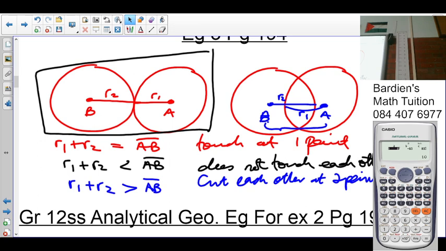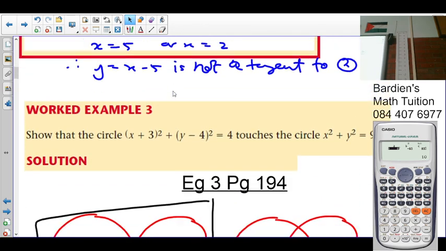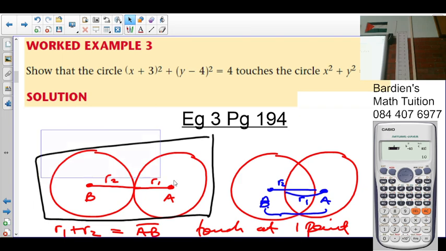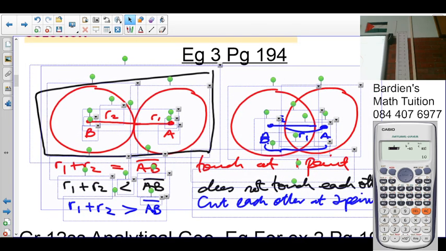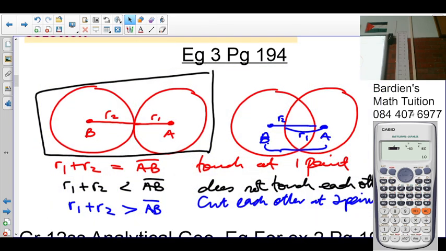You guys got it? Now with that understanding, let's look at example 3. Let me take this off now. I'm moving too fast. Okay, take that one too.